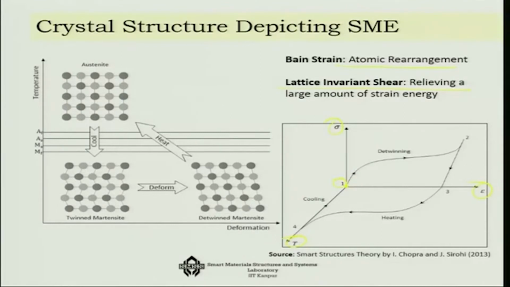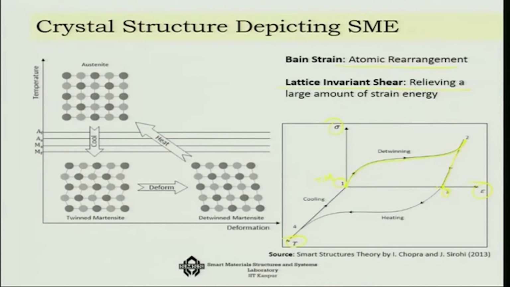As I am loading from twinned martensite, so this is the twinned martensite state, I am detwinning it, and then it is coming completely detwinned phase. Now after that, suppose I don't want to fail the material, so I only reduce the load. If I reduce the load, it will come back to point 3, in which still there will be a lot of plastic strain that will be there in the material.